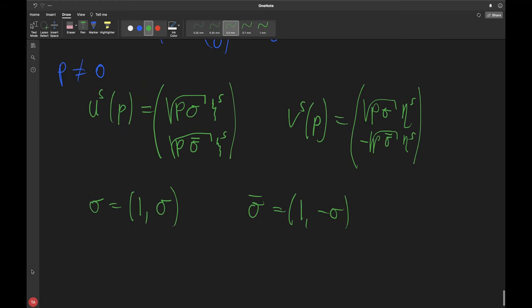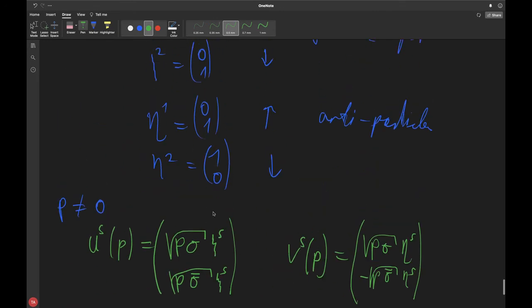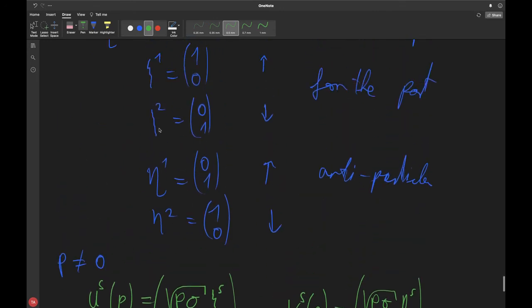So s was for the spin, and it can have values of 1 or 2, and that are these vectors here.